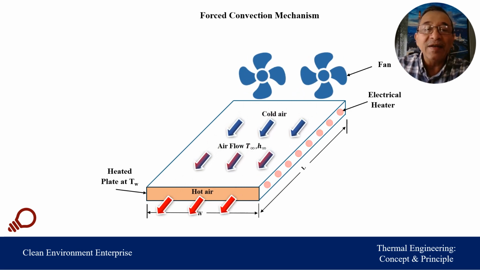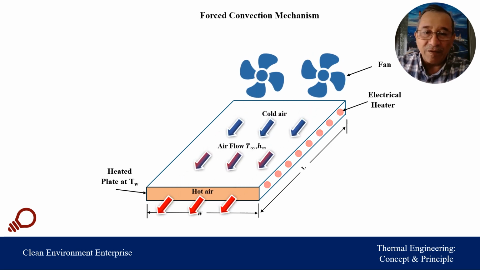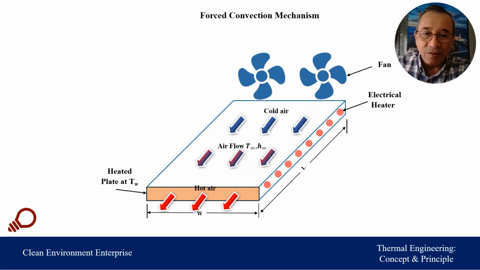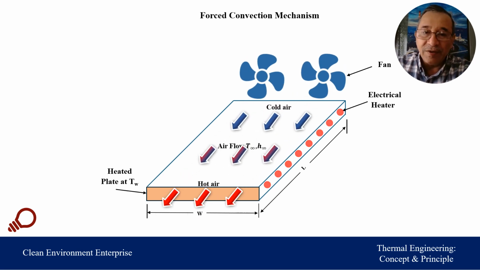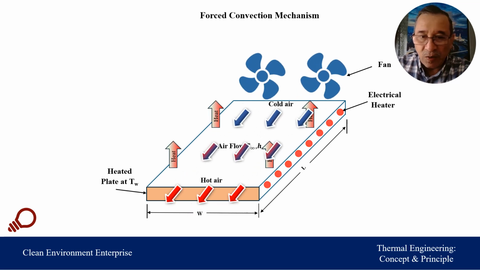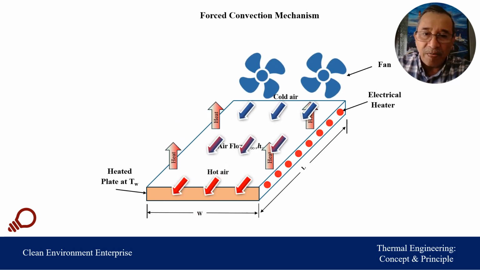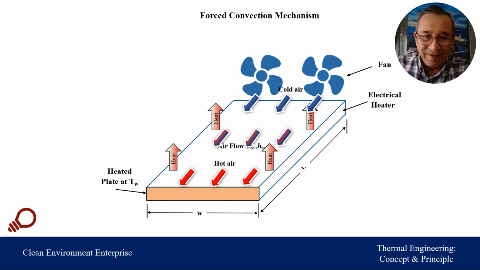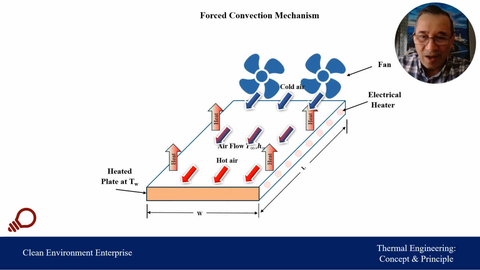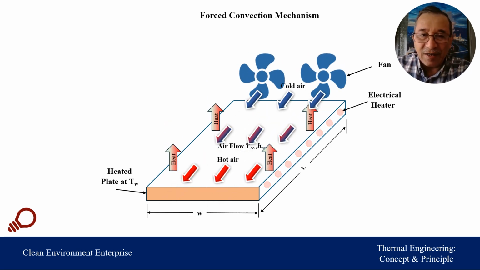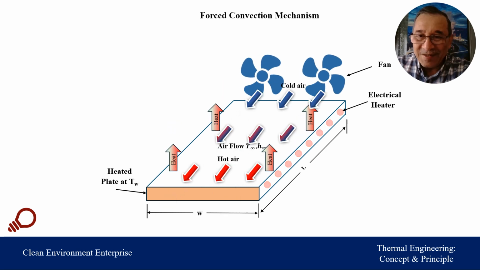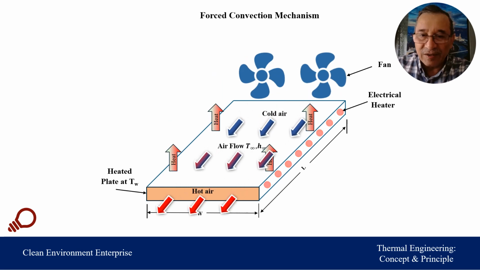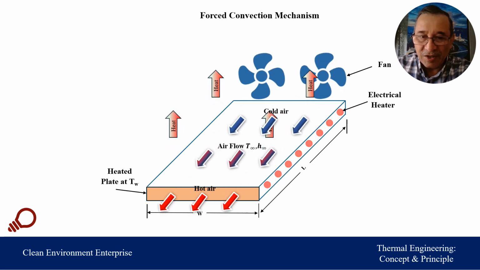In the definition of forced convection, it means that we have external power to force or convey the fluid over the heating element. Usually, heat transfer is perpendicular to the surface area, as shown in this animated illustration, where the forced convection mechanism occurs.